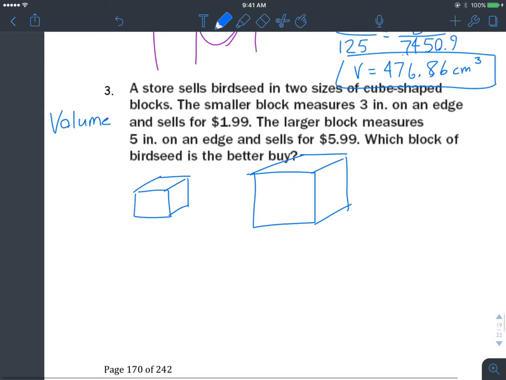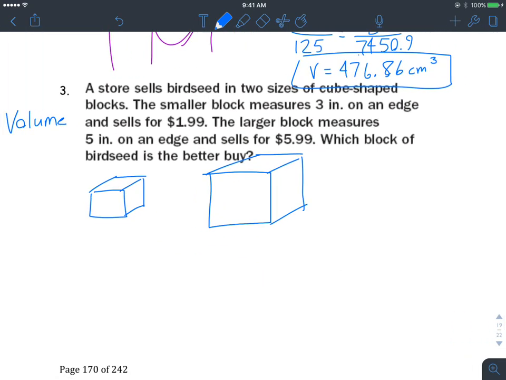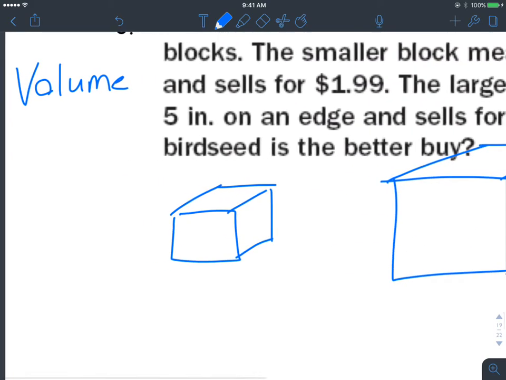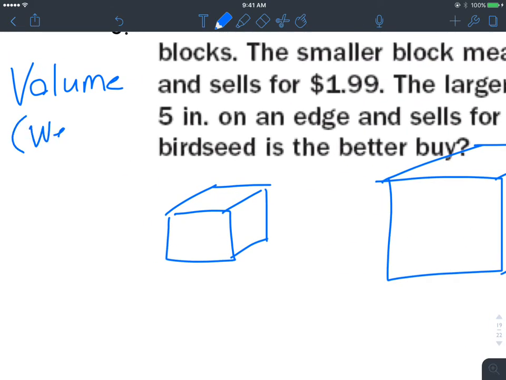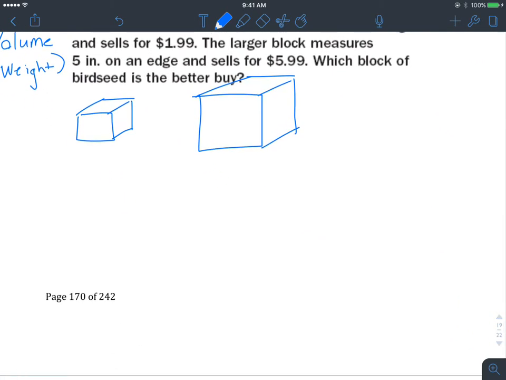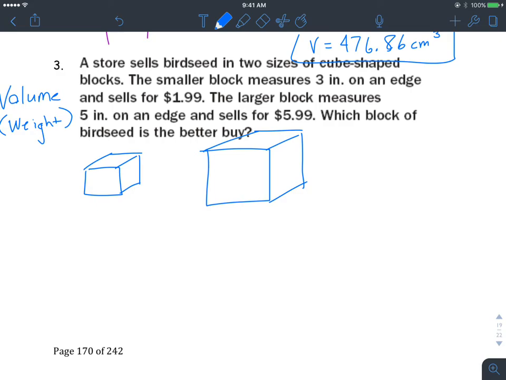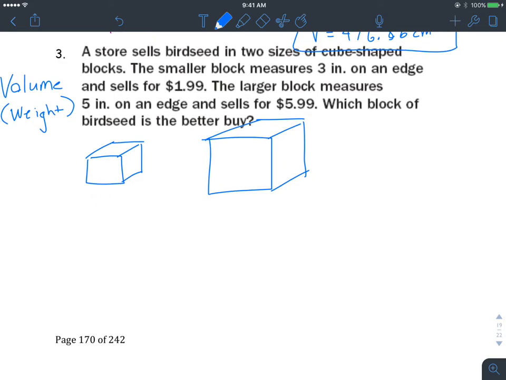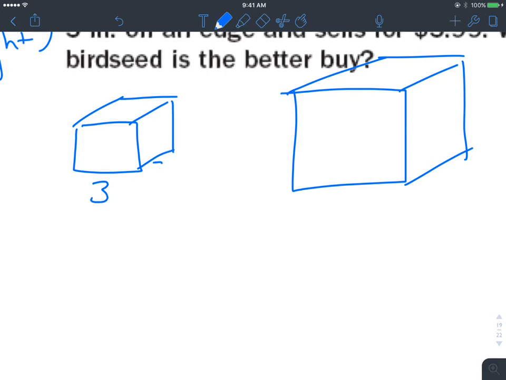Now sometimes volume can be like how much space it takes up. Sometimes stores will do volume by weight. So you just got to be careful and see what they're looking at here. You might see a problem that looks like the same thing with weight. But anyways, you've got 3 by 3 by 3 and then 5 by 5 by 5.